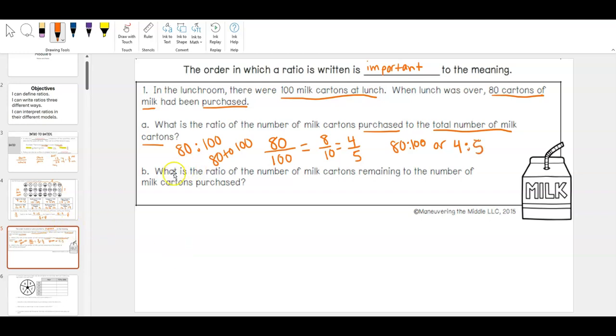Okay, the second part of this question says, what is the ratio of the number of milk cartons remaining to the number of cartons purchased? So we're thinking there were 100 on the shelf, and then 80 milk cartons were purchased, so there were 20 left over.